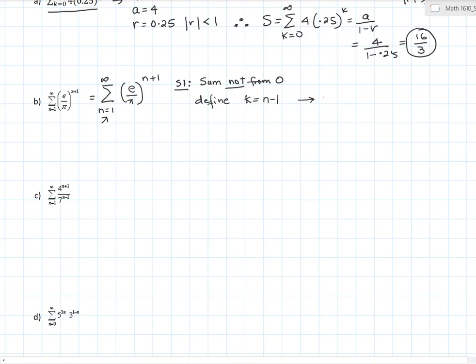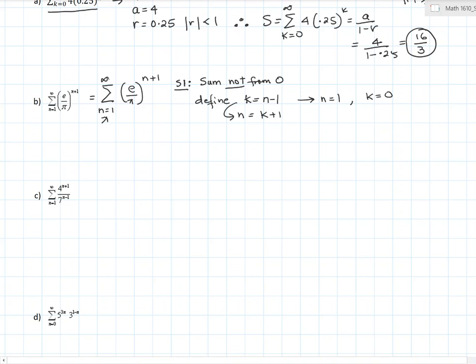So what happens is that when n is 1, we get that k is 0. So we are going to substitute n with k plus 1, because if k is n minus 1, then n is obviously k plus 1.